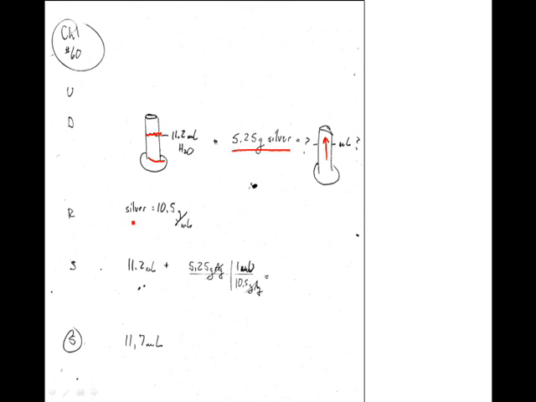We are given that silver has a density of 10.5 grams per milliliter. So if we add the original volume of the water to the volume of the silver, we should be able to calculate the final volume of the liquid in the graduated cylinder.